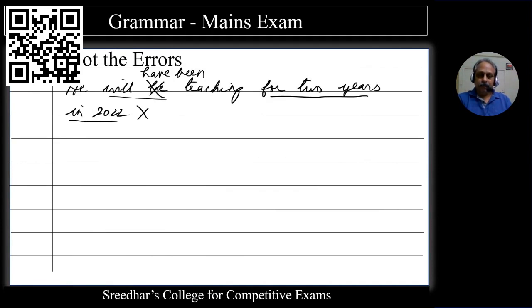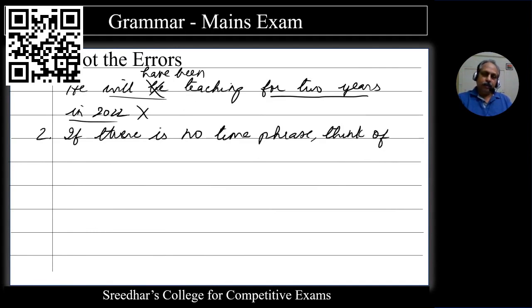So this is all about the time phrases, how to spot the errors based on the time phrases. First strategy. Now strategy number 2. What is the second strategy? If there is no time phrase, think of 2 situations.